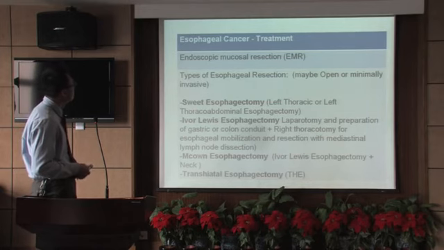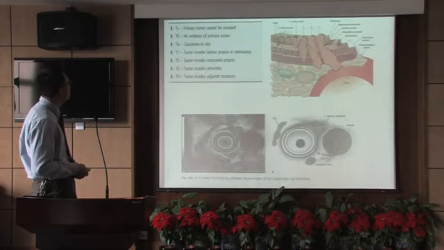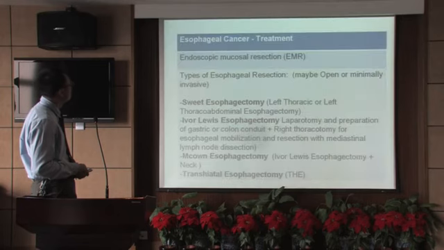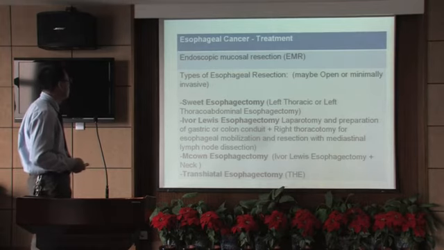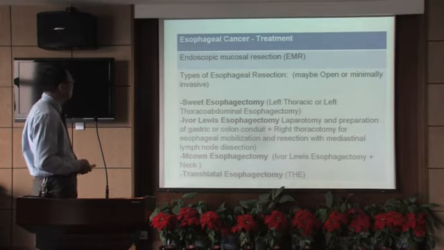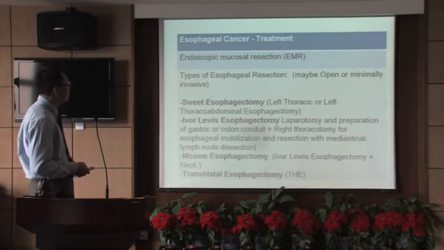About the treatment, endoscopic mucosal resection is mainly used in carcinoma in situ. And the types of esophageal resection may be open or minimally invasive. Sweet esophagectomy is a left thoracic or left thoracoabdominal esophagectomy.